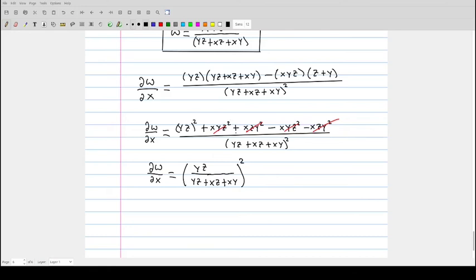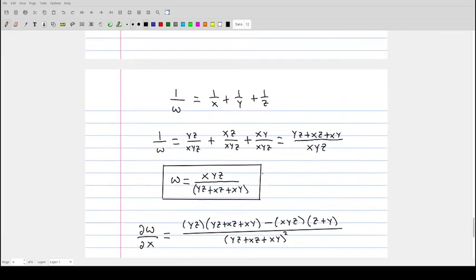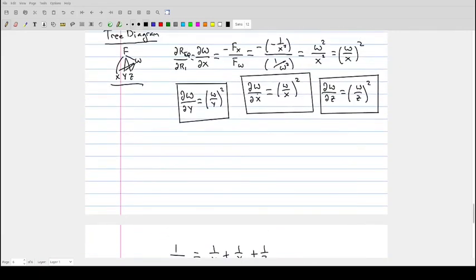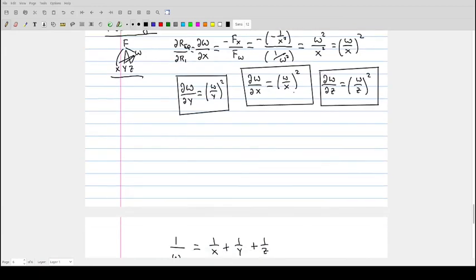Now you might say that there's a slight problem here, because this expression doesn't match up with what we found before, but actually it does, because you'll remember that before we found that dw dx is equal to w over x squared.